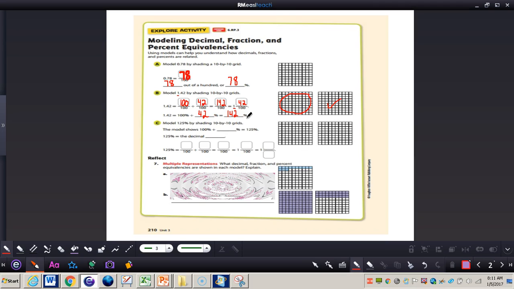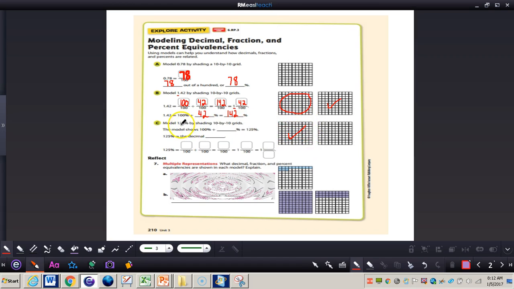So let's take a look at Model C together. It says model 125% by shading 10 by 10 grids. And we could see, first of all, we know that if it's 125%, we have 100% of this grid is going to be shaded in. So I want you to fill in 100% of this grid, every square.